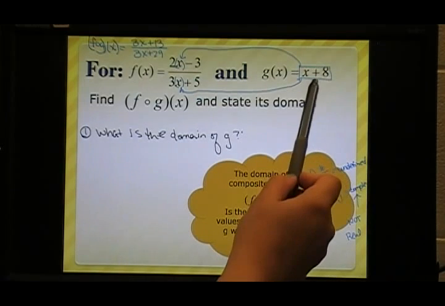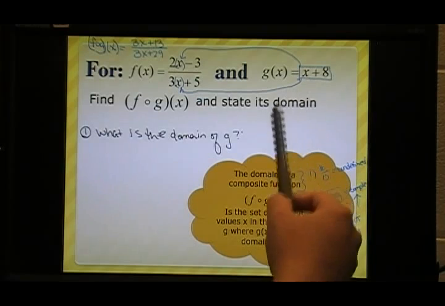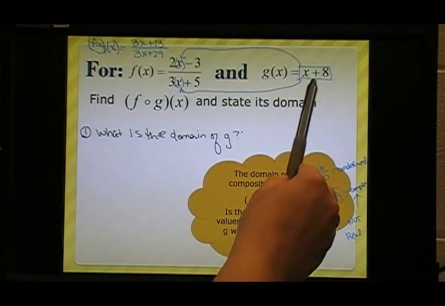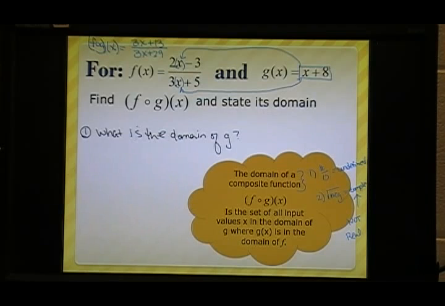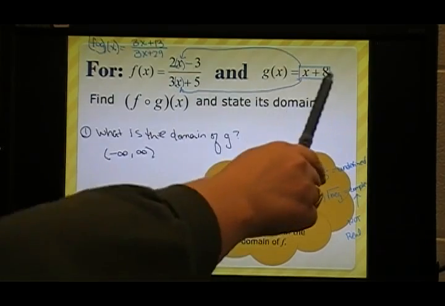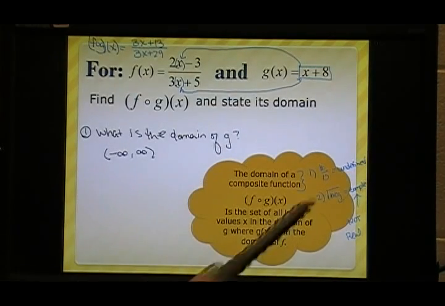Therefore, for this function I can input any real number for x and get real numbers back for y. So the domain of g is all real numbers. Also, if you want to think about it visually, g of x equals x plus 8, you need to be able to recognize that as a diagonal line.